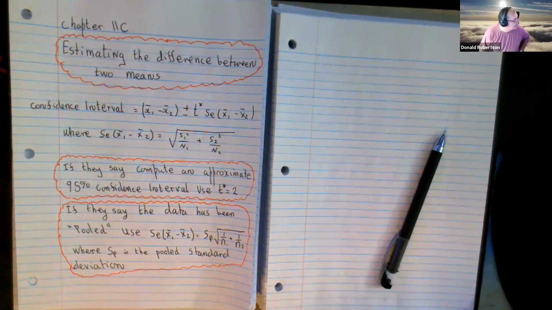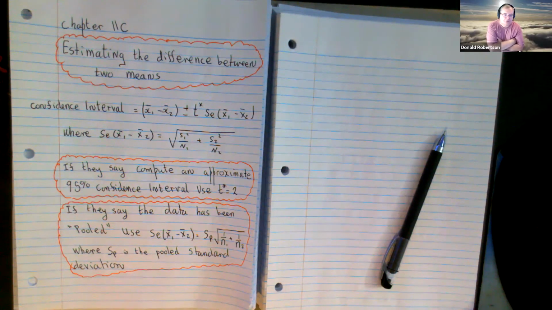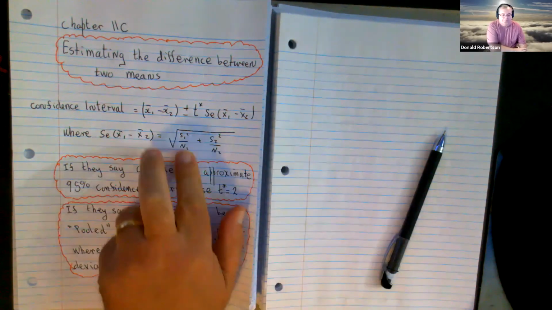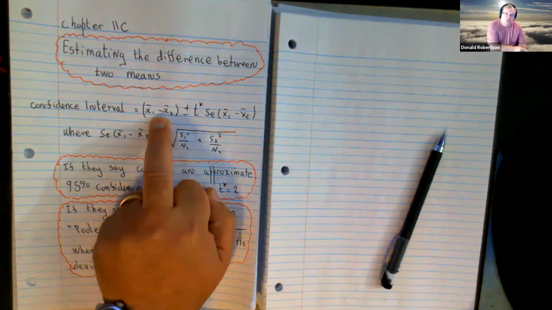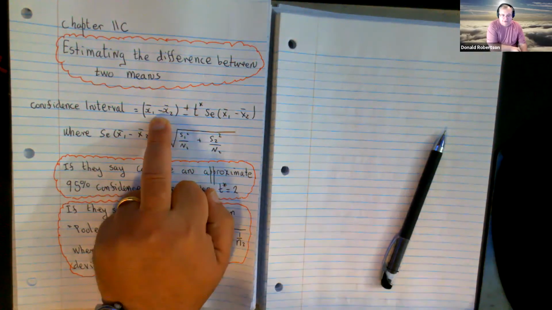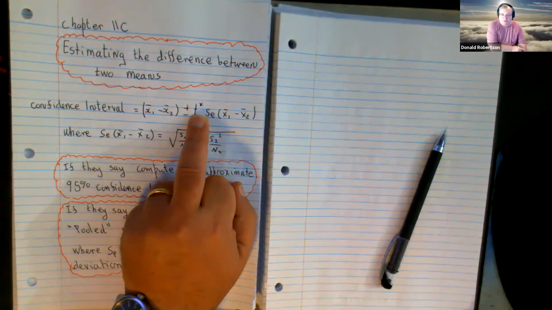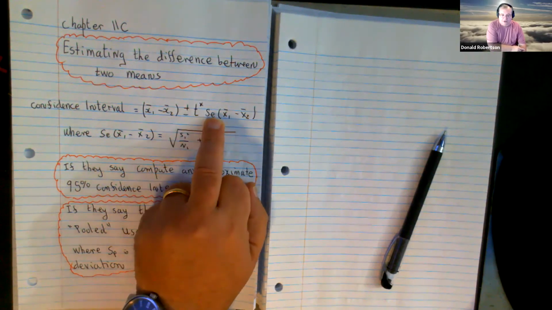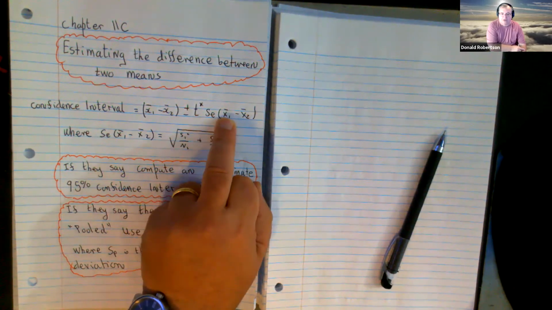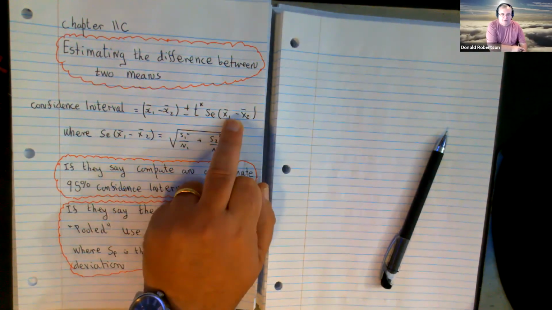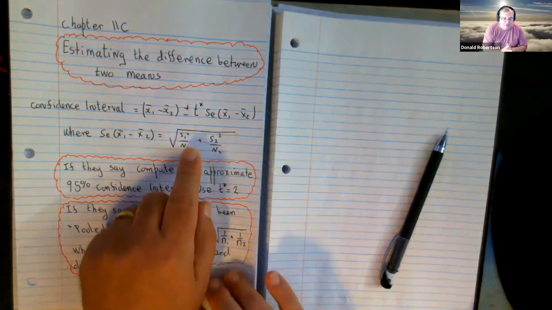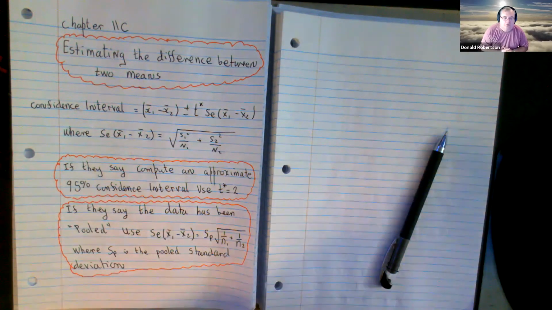Okay, everyone, let's look at how do you find confidence intervals for the difference between two means? Well, it has a very similar formula. You find the difference between the two sample means, the X1 bar and the X2 bar. You find this magic t-score thing, and then you get the standard error of X1 bar take away X2 bar. Now, this standard error can be calculated typically in two different ways.